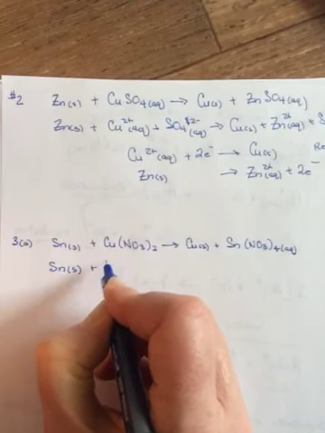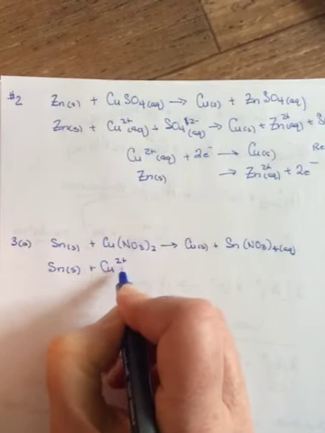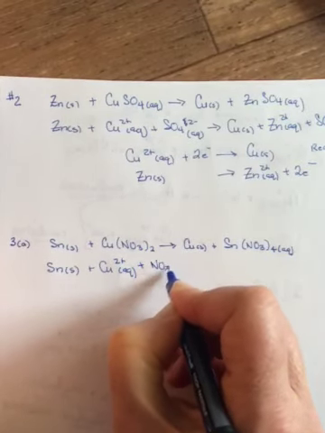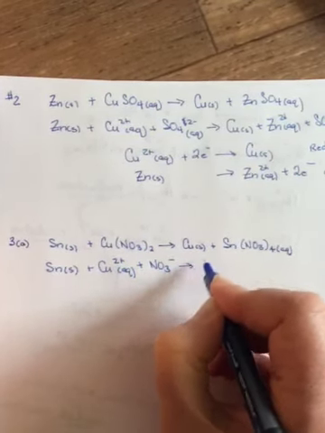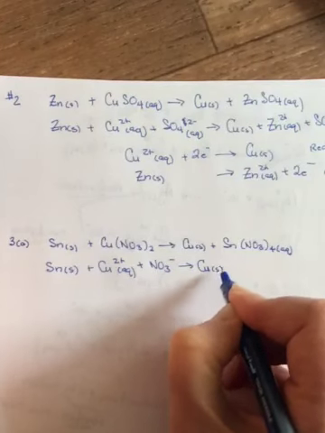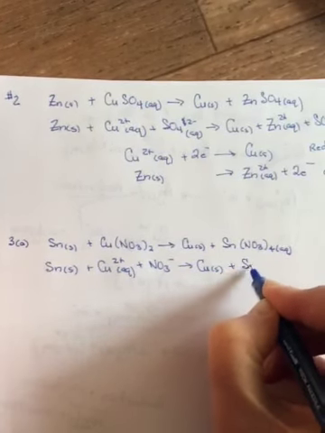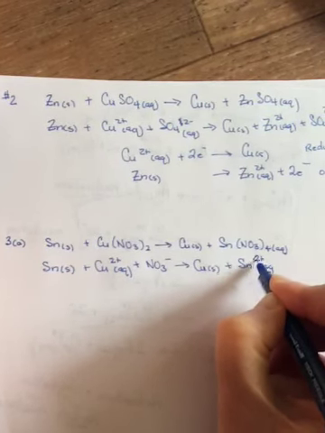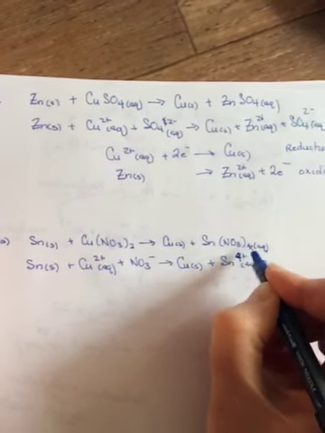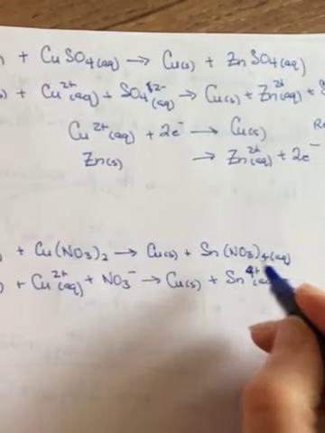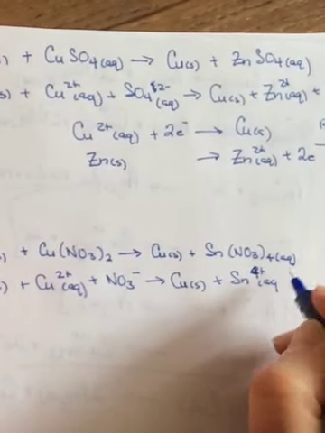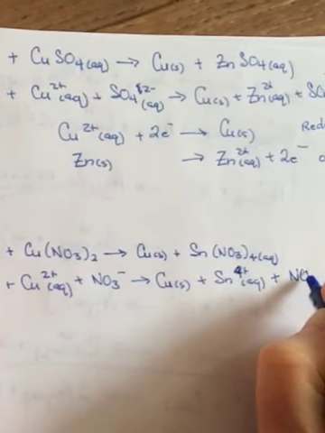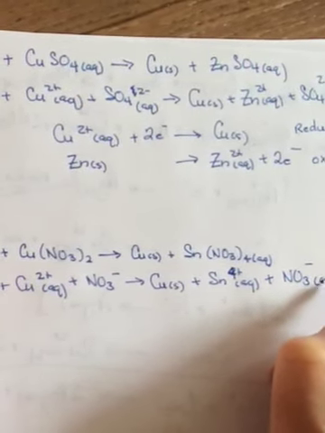So Sn solid plus Cu2 positive aqueous plus NO3 negative going to Cu solid plus Sn2 positive, oh no, that's a 4 positive, and I know that because this is NO3 4. So that must be Sn4 positive aqueous plus NO3 negative aqueous.